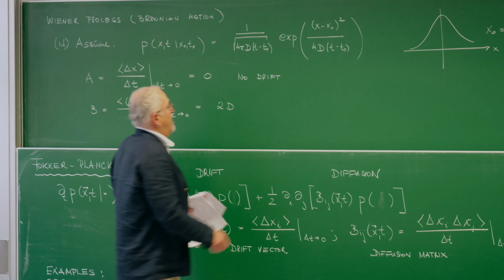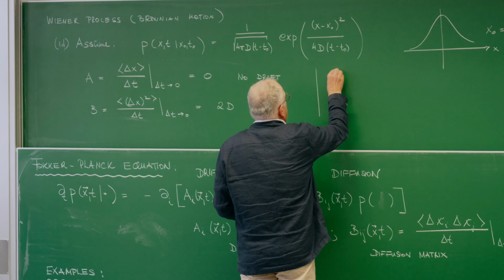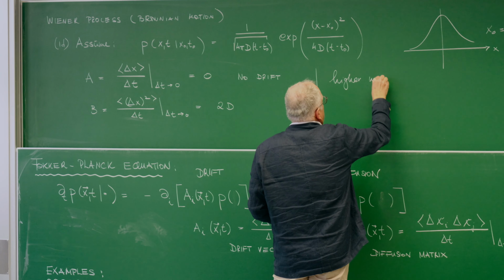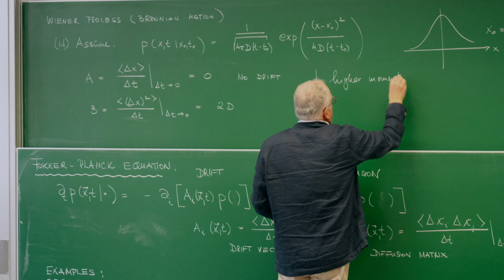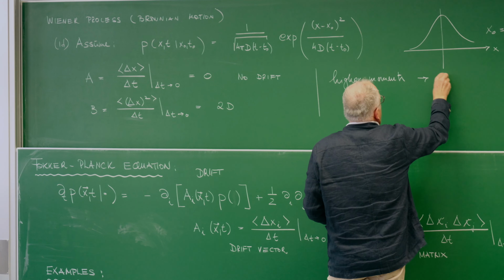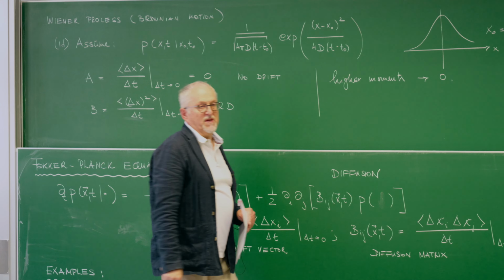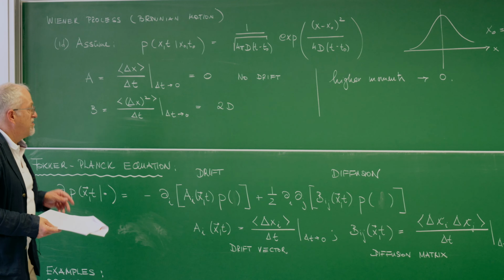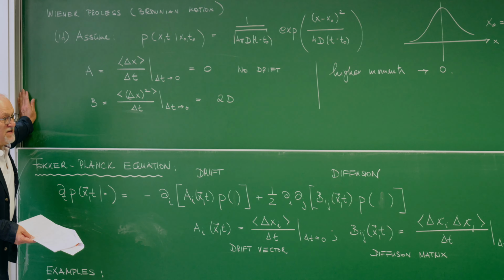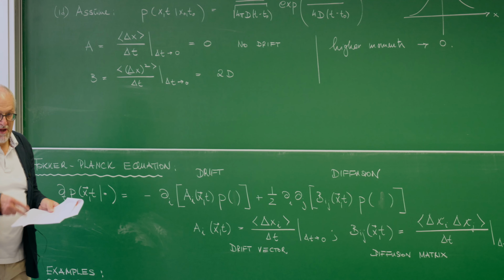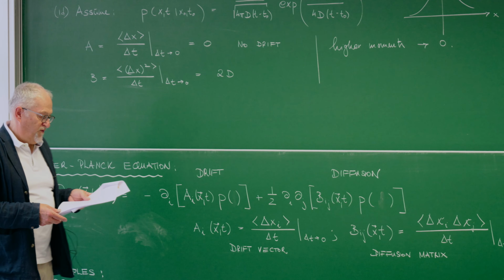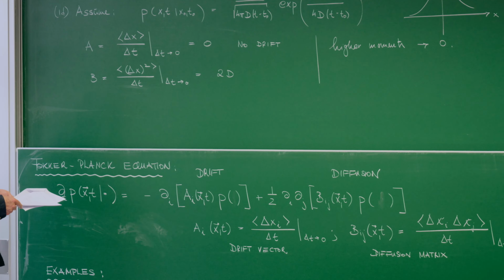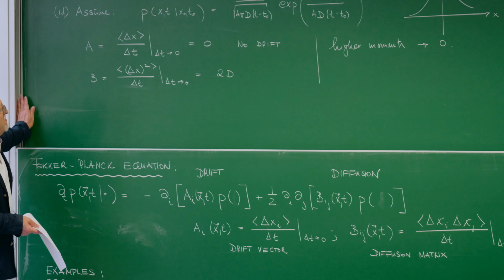You can also check for yourself that the higher moments all go to 0 in the limit delta t going to 0. That's quite straightforward to check, and I'll leave it to you as an exercise. Or you can also look up the lecture notes where this is formulated as a tutorial, and you are guided through the analysis.